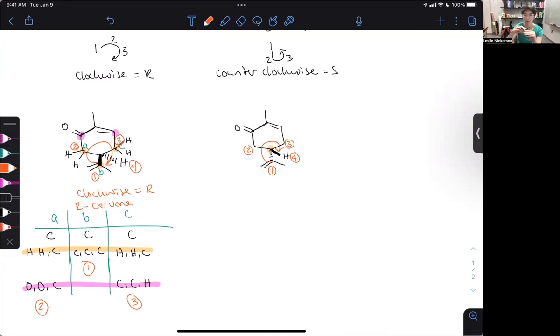So red is 1. White is 2, which is the one that's over here. Ooh. This is so hard in a mirror. Okay. And then 3. Just check to make sure.